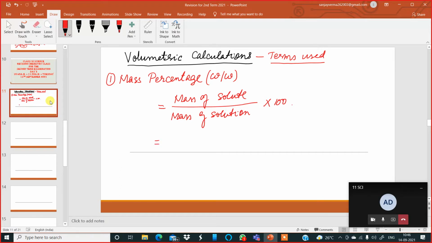There is one more formula which can be used provided the volume and density of the solution is given.